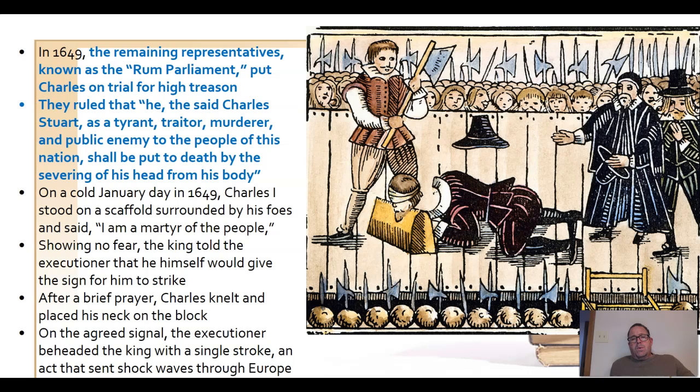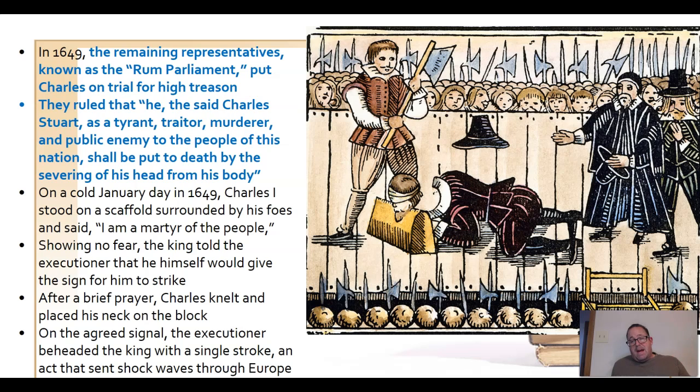So the order, just to throw this out here, because there's 4 kings that we have to talk about, and it can be confusing for students to remember. So you have James and then Charles, and then we're going to enter into a period where there is no king, where England will become a republic, and their leader will be a military dictator, Oliver Cromwell.